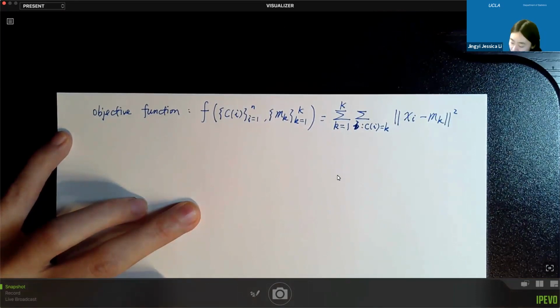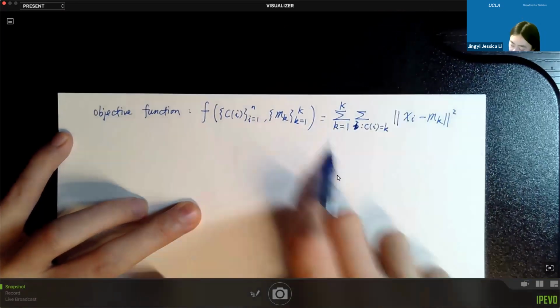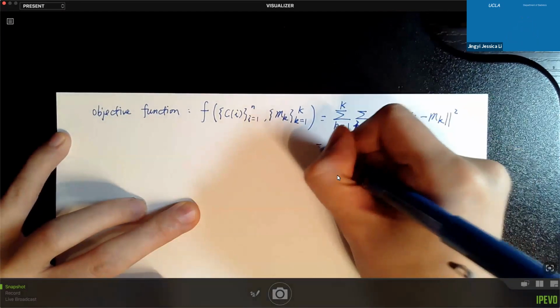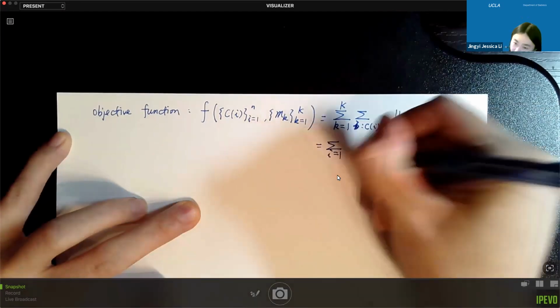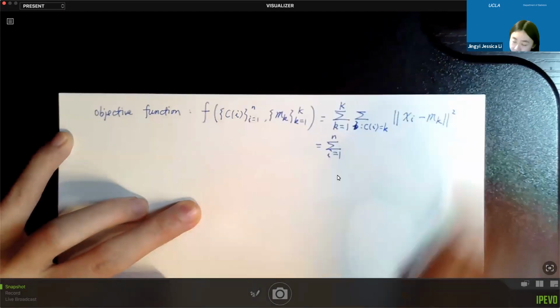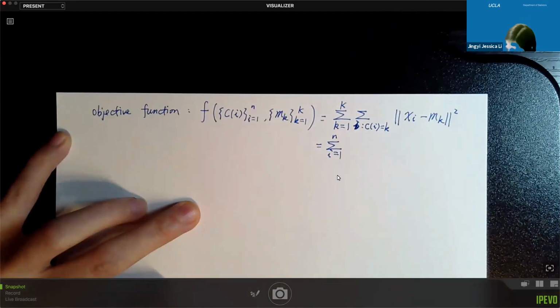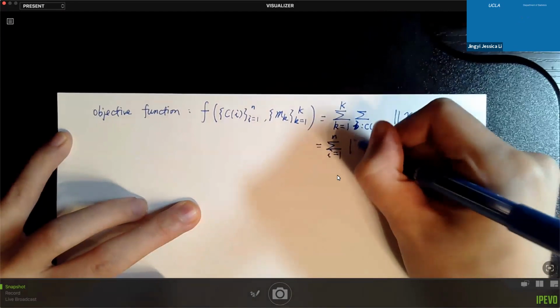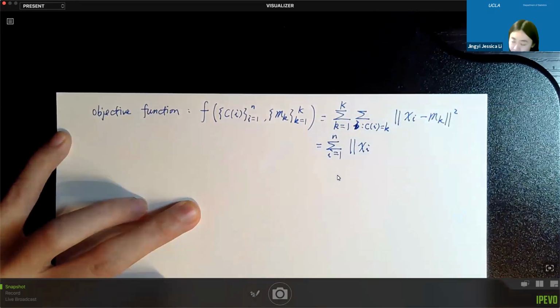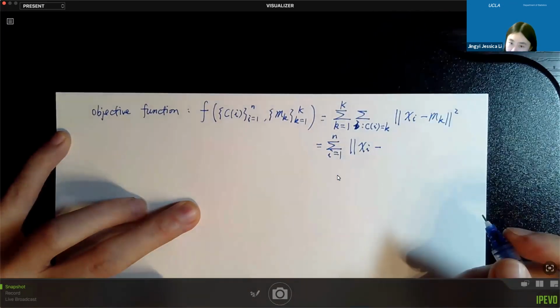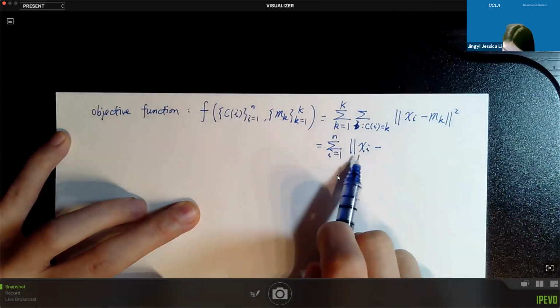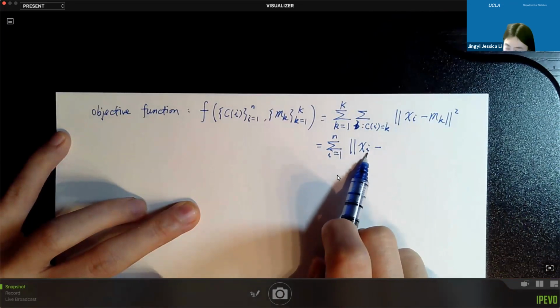But we can also write this in an equivalent way by just taking the summation over data points instead of clusters. So we take summation for data point i from 1 to n, and for each data point i, we take its difference between it and its corresponding center. So the center should be the center of the cluster it belongs to.